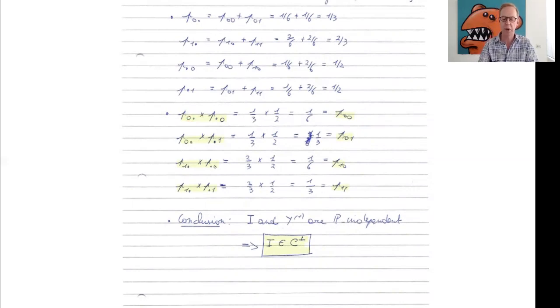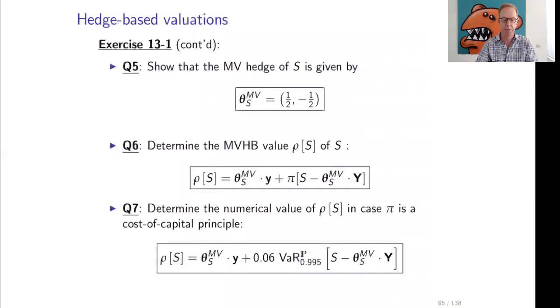And this holds for any of the possible outcomes. So that means that I and Y1 are indeed P independent. So that means that I is an orthogonal claim, as we had to prove.